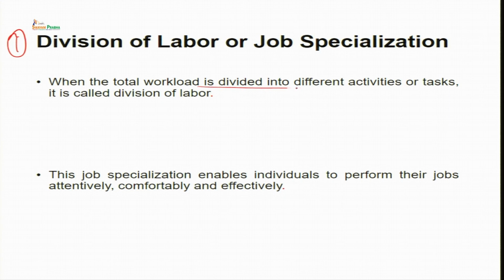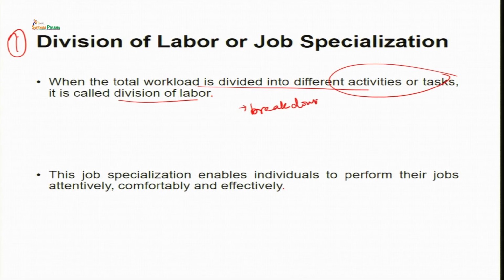When the total workload is divided into different activities or tasks, we call it division of labor. In other words, breaking down of the jobs into narrow tasks is known as division of labor.